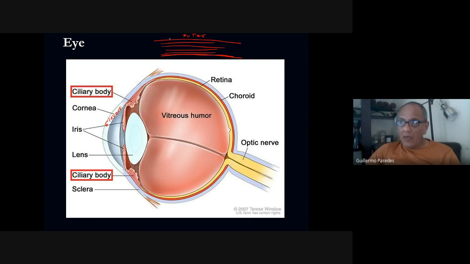If you injure your eye in the first and second layer, the cornea is going to heal without problem. But if you injure the first, second, and third layer, that is going to lead to a scar.